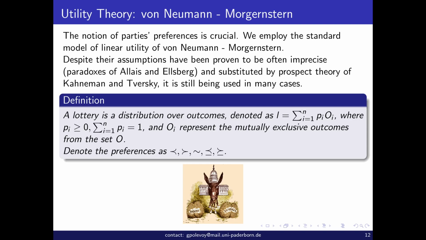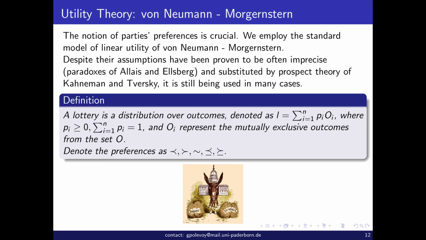So that's basically one of the pillars of game theory, utility theory. The notion of what people want, that's what the utility theory is about. And as I said, we are going to employ the standard model of von Neumann and Morgenstern.